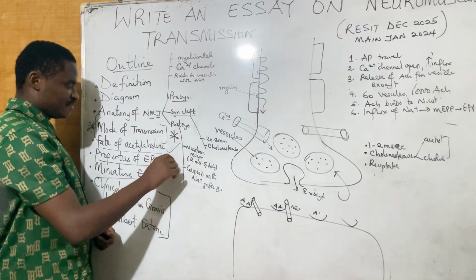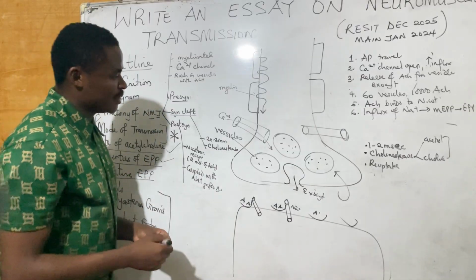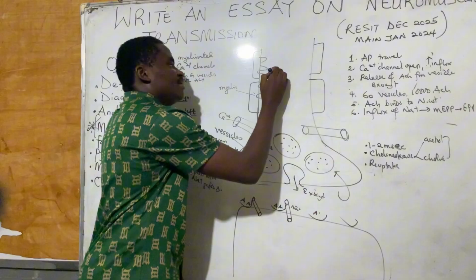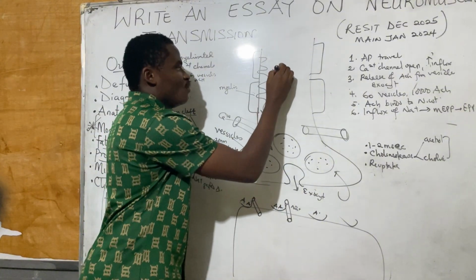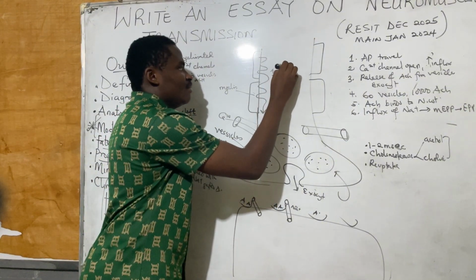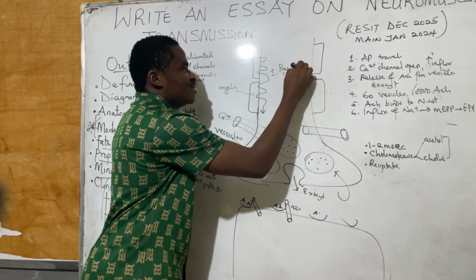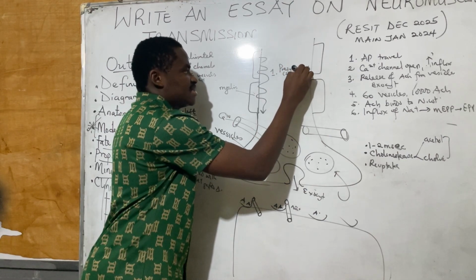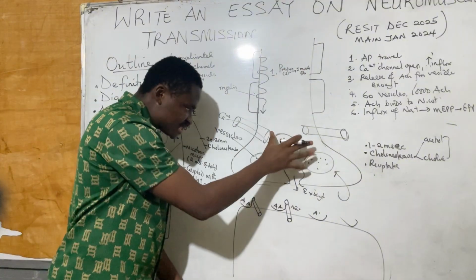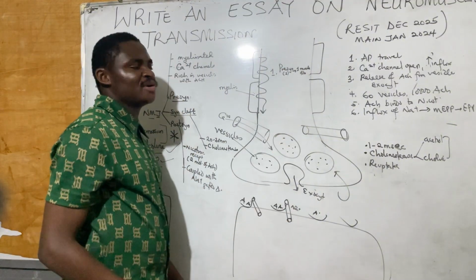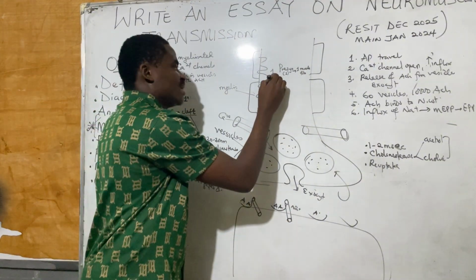Now, what about the properties of end plate potential? Number one is that one presynaptic terminal always makes communication with one muscle fiber. Yes, so that's the number one property. What's the number two characteristic?